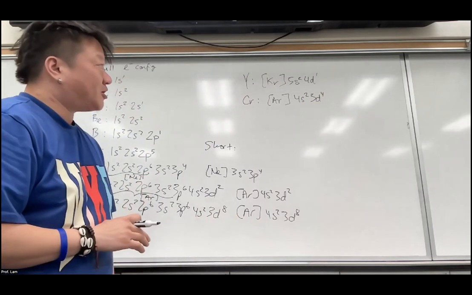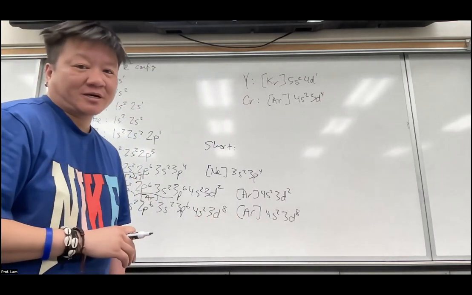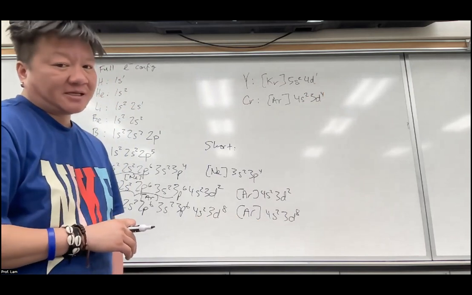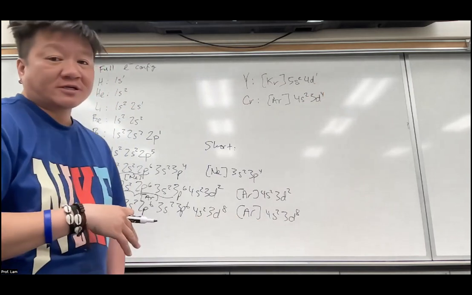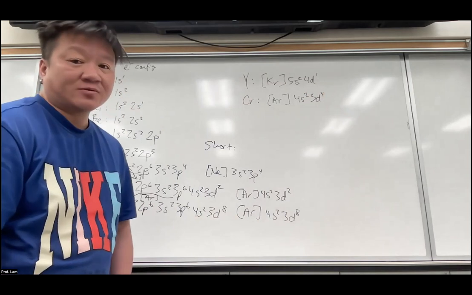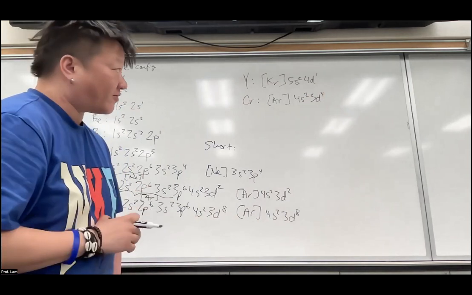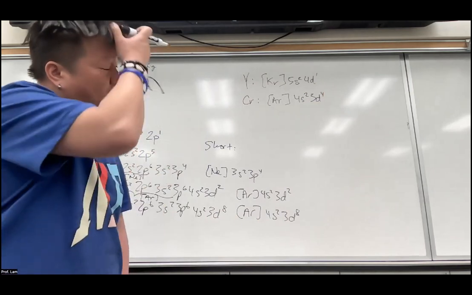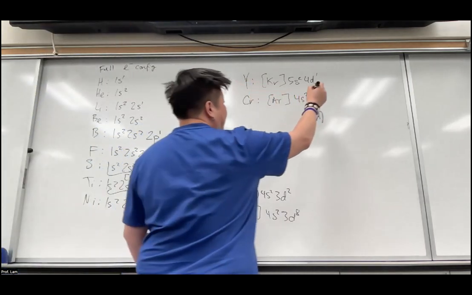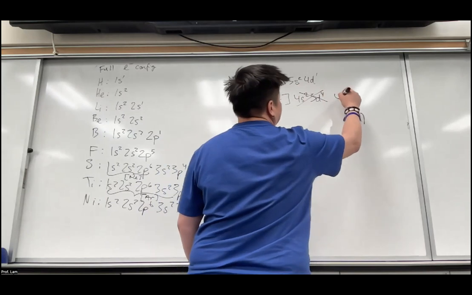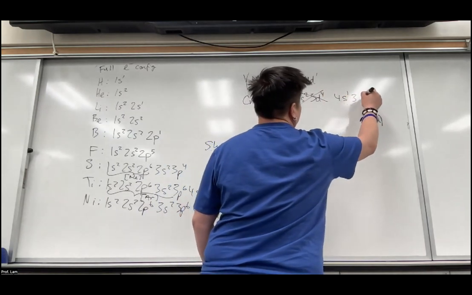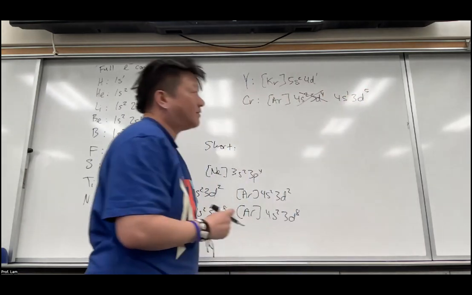Now let me show you. There's an exception here to this easy electron configuration. Of course, there's always an exception to any of these rules, and this is one of the first ones. So let me show you why this is not it. It's actually 4s1, 3d5.